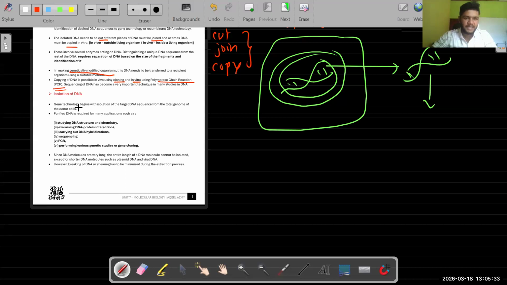Gene technology begins with the isolation of target DNA. Correct, right? Gene technology means the technology or the application of DNA. So they are saying it begins with the isolation of DNA. Before inserting a DNA, what should we do? We should isolate it from the cell, right? The DNA sequence from the total genome of the donor cells. Genome means, I hope you can remember what a genome is.